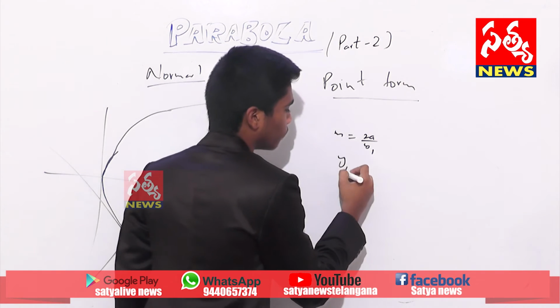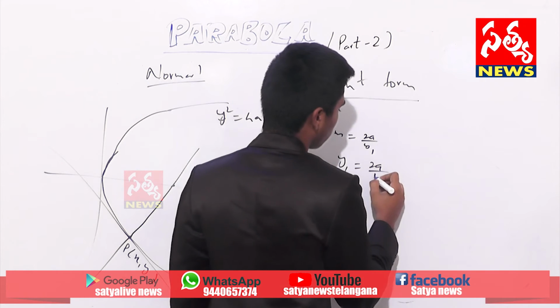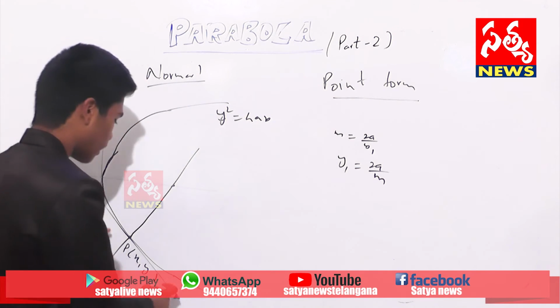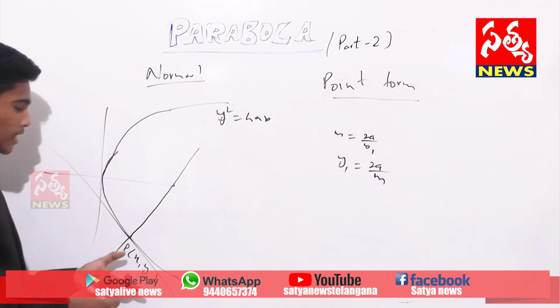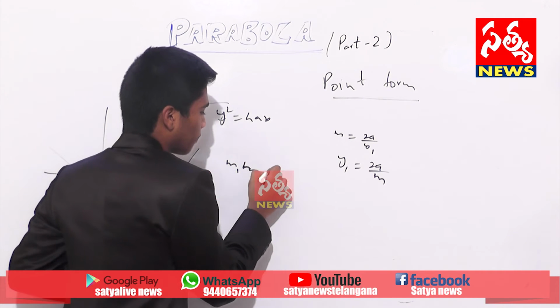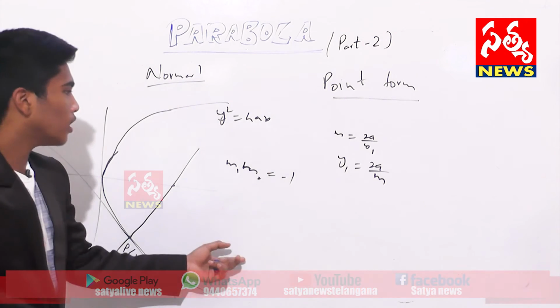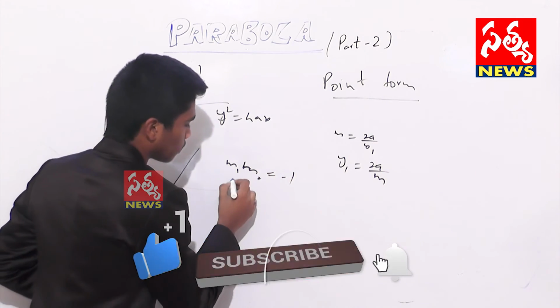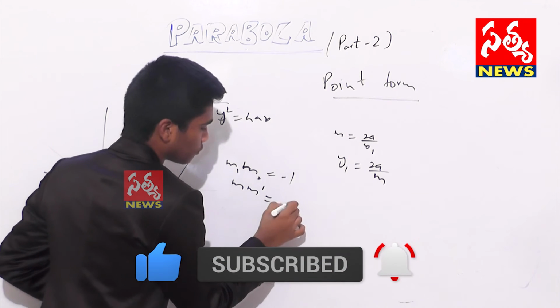Okay. Now y1 will be 2a by m. But here, as the tangent is perpendicular to the normal, we will get m1 into m2 as minus 1. So here, this equation will become m into m dash equals to minus 1.